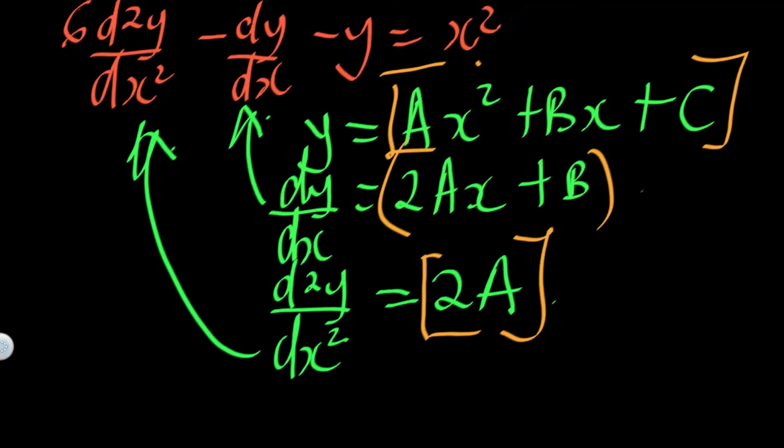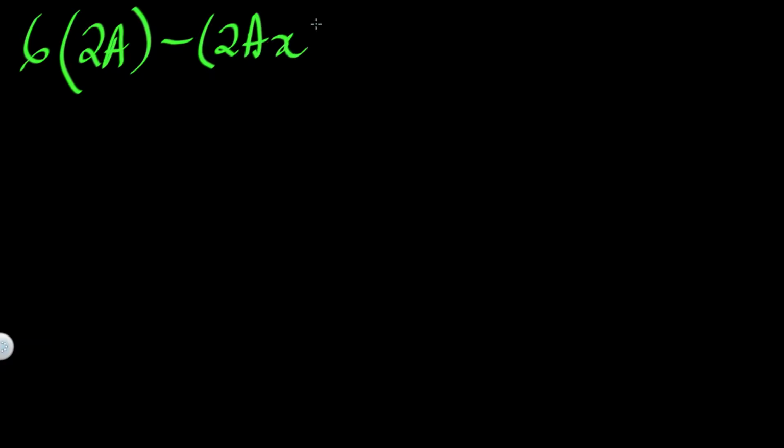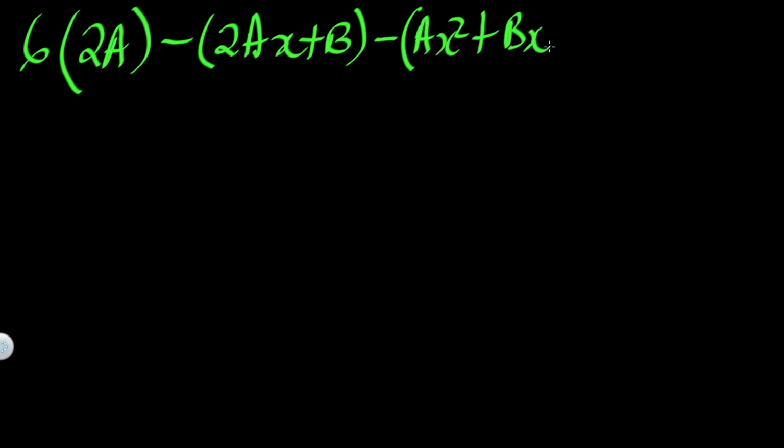Now let's do the substitution into our original equation. Where there was d squared y over dx squared, I'm going to put 2a, minus, where there was dy/dx, I am substituting 2ax plus b, minus, where there was y, I am substituting ax squared plus bx plus c, and this is equal to x squared.